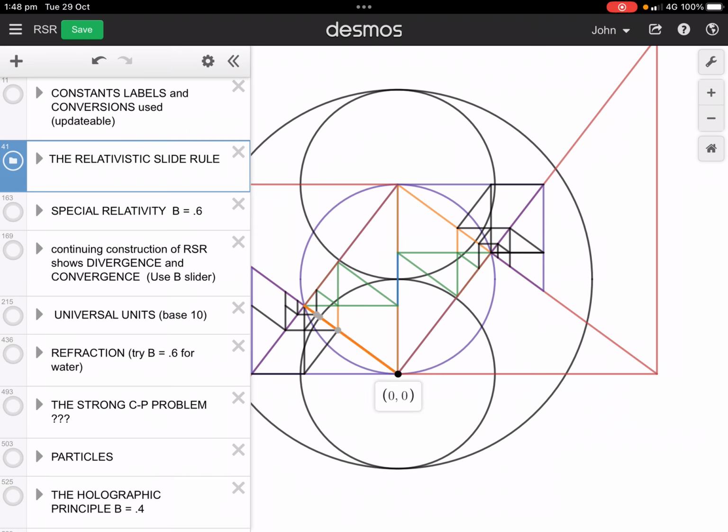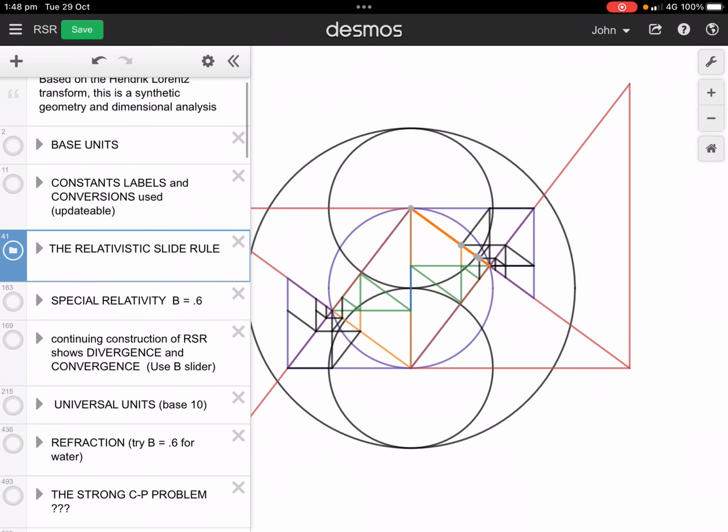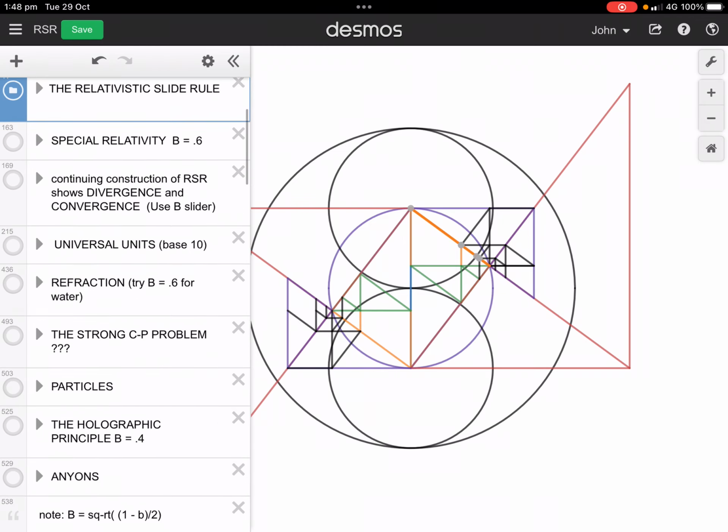Yeah, that is the center there. And this is its orbital velocity. So that's where the bending comes from. But it's Euclidean geometry.